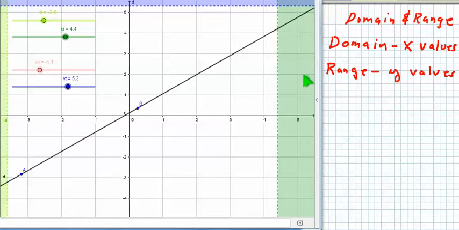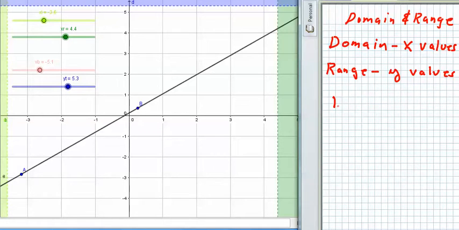So the x values continue to get larger, the y values continue to get larger. As you go down the left, x values are getting smaller and smaller and smaller. The y values are getting smaller and smaller and smaller.